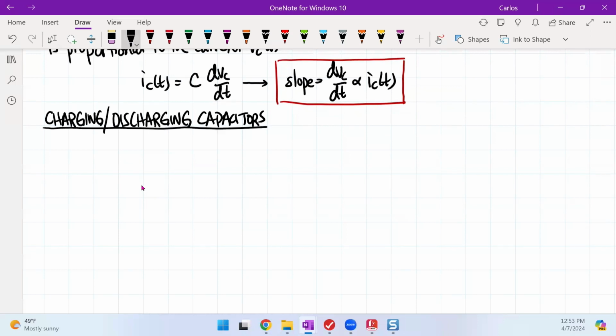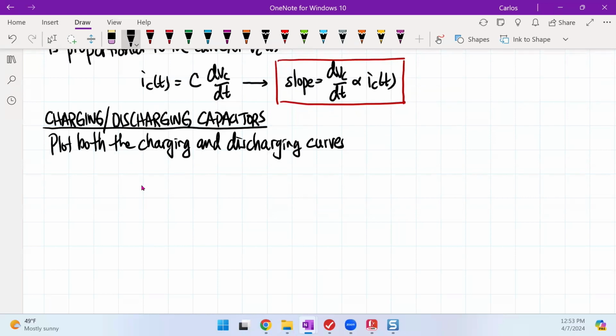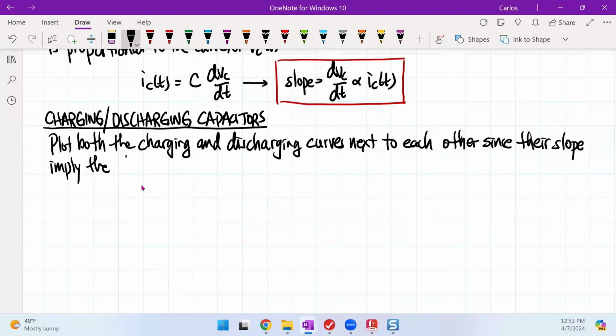I want to plot both of these right next to each other, so we're going to plot both the charging and discharging curves next to each other, since their slopes imply the same behavior.